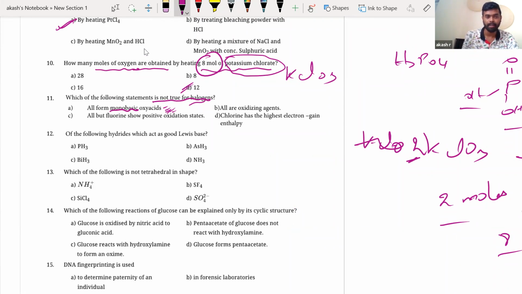Next thing is all are oxidizing agents. For it to be an oxidizing agent, the halogen has to undergo reduction, right? Oxidizing agent means that it has to undergo reduction in the particular reaction. Then only it can be an oxidizing agent.